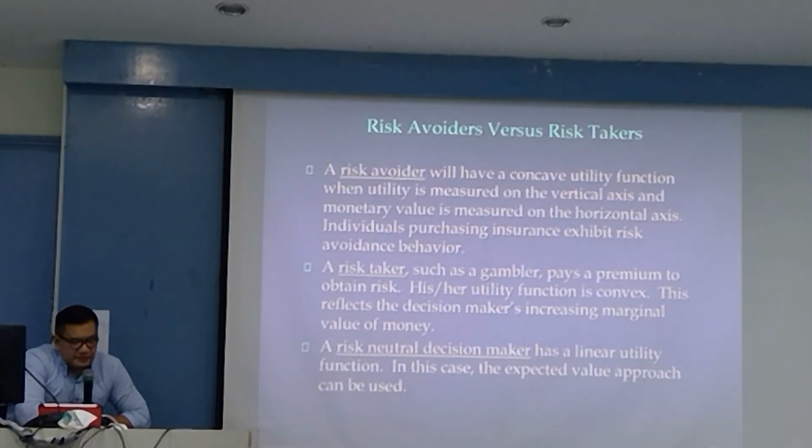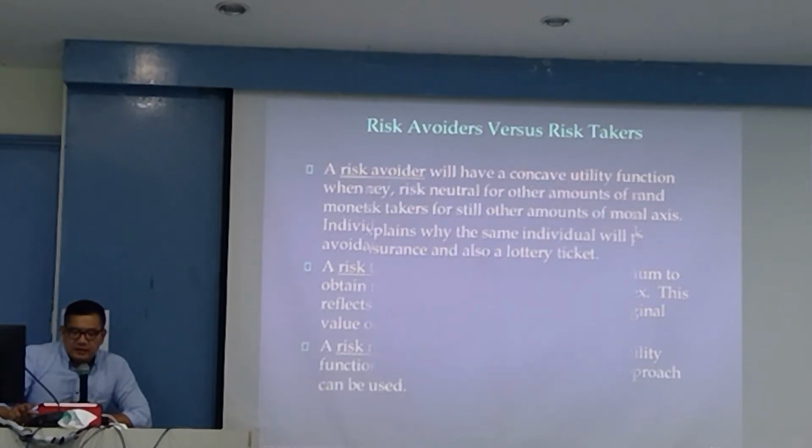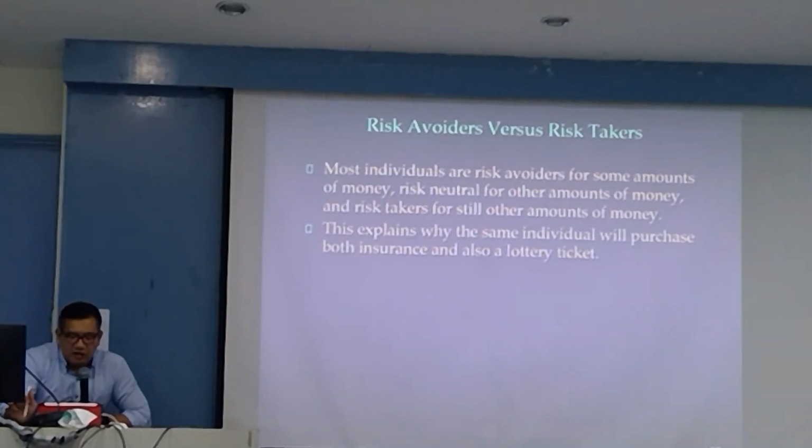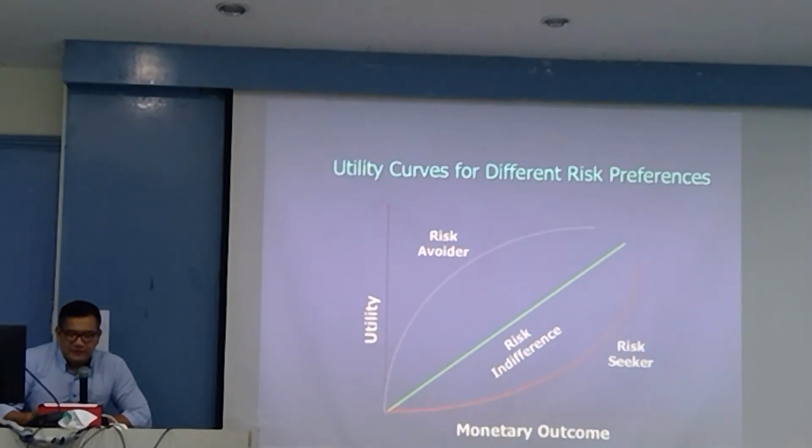And the third one is risk neutral, the one with a very linear function of thinking about risk. Okay, so generally most people are risk avoiders because almost all people are afraid of risk. Okay, and this is a graph that I showed you right before.